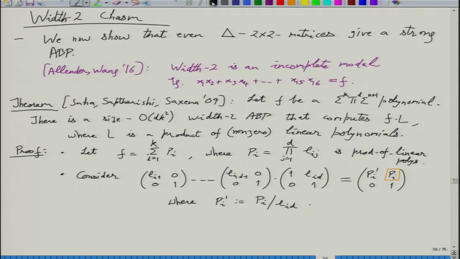So for that you have to do something more complicated. Let us see how this representation will help. So we now need to express P1 plus P2 as a matrix product.